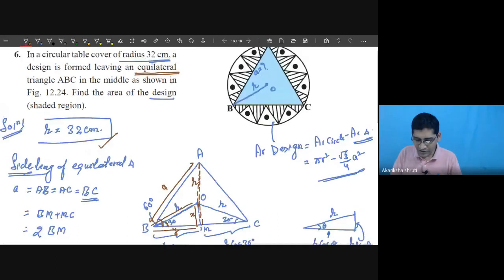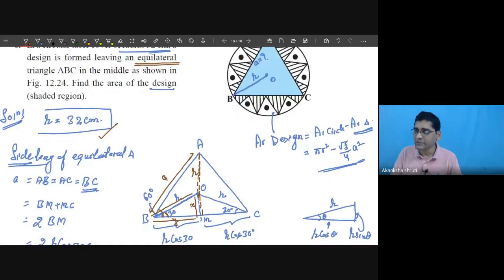If the question belongs to geometry, at that time you have to prove. If the question is asked to prove that the perpendicular from the center bisects the chord, at that time we use the congruency. But here congruency is not required.